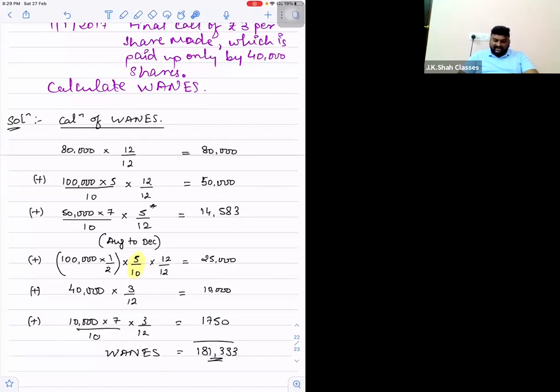And for this 10,000 shares, they can show directly that 10,000 shares are partly paid up from 1st August to 31st March. So they can show it in one point also. Means directly 10,000 into 7/10 into 8/12. That is from August to March. So that is one change, you can do it by yourself.